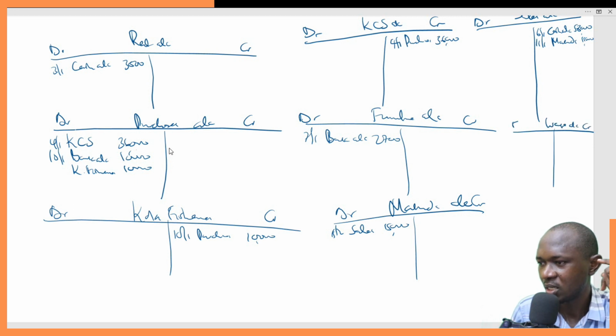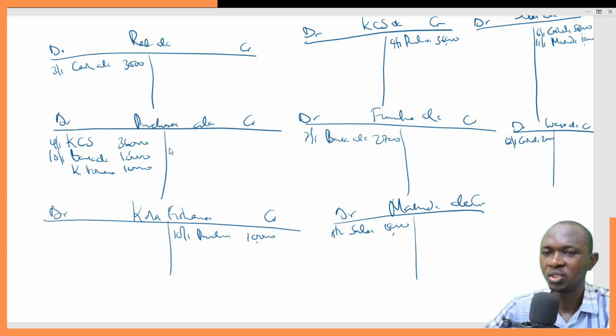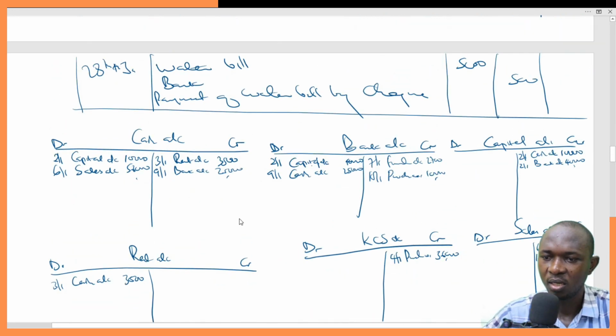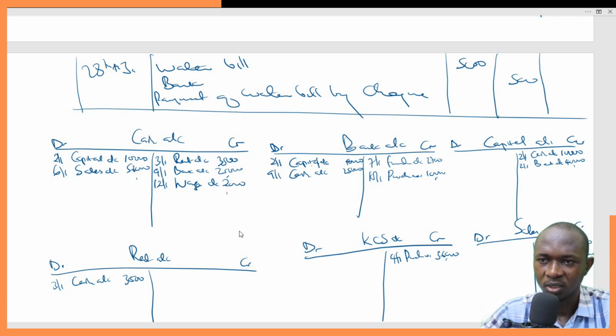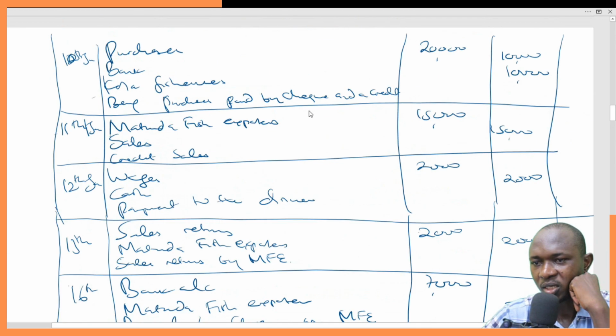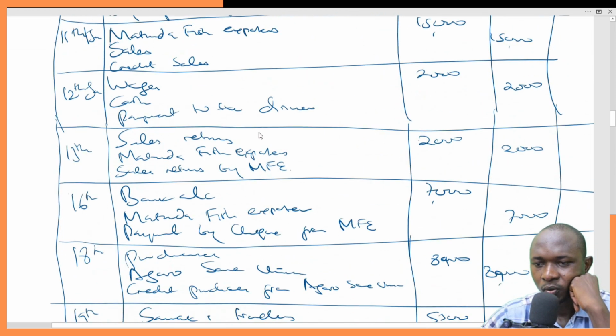So we come to cash here. We say on 12th January, wages account. It's wages that has made us lose that 2,000 shillings. So we come to 13th, sales returns.